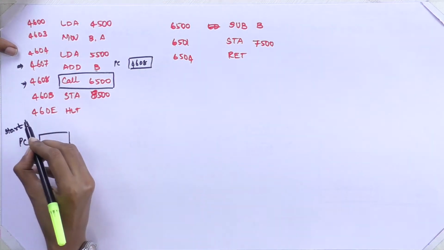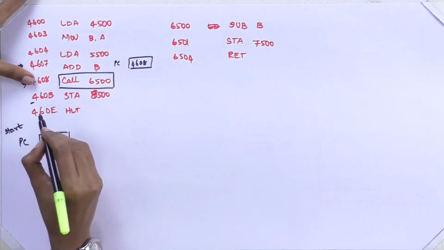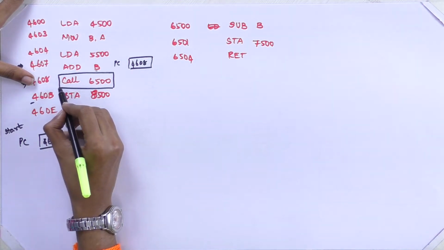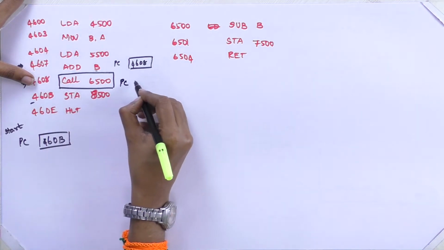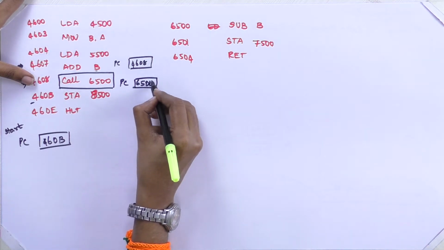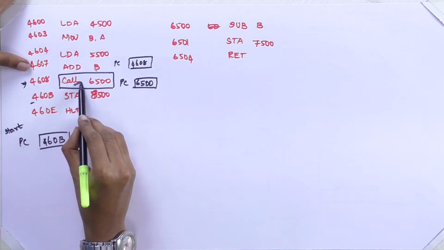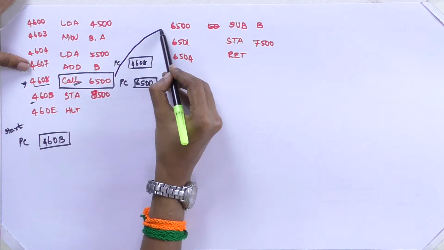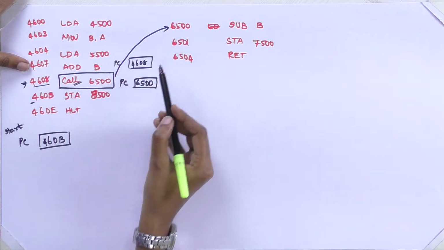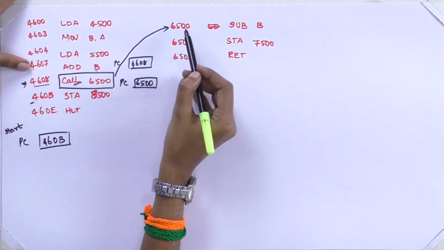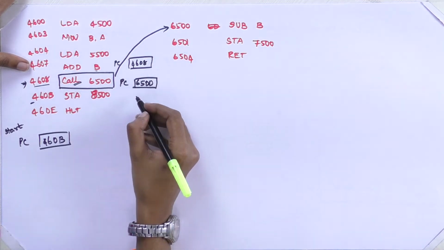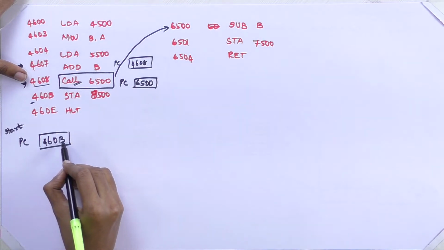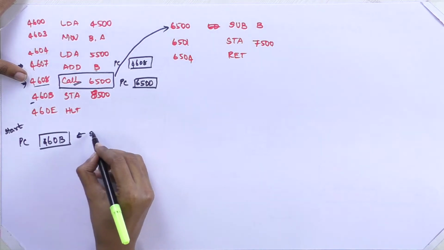At the start of execution, PC will have the address of this instruction, but at the end of execution, the PC value would change to 6500, because the call instruction transfers the processor execution from this address to 6500. Before it jumps to 6500, the value of the PC, 460B, will be stored in the stack.